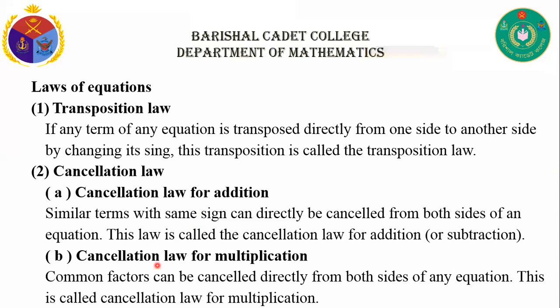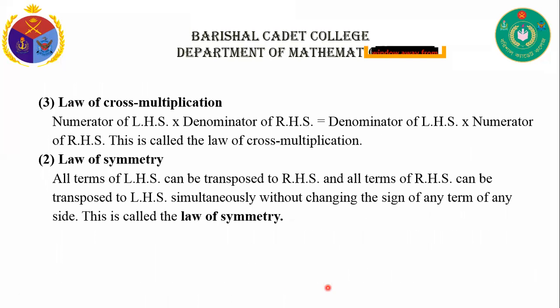Cancellation law for multiplication: common factors can be cancelled directly from both sides of any equation. This is called the cancellation law for multiplication. Numerator of the left hand side into denominator of the right hand side equals denominator of the left hand side into numerator of the right hand side. This is called cross multiplication.